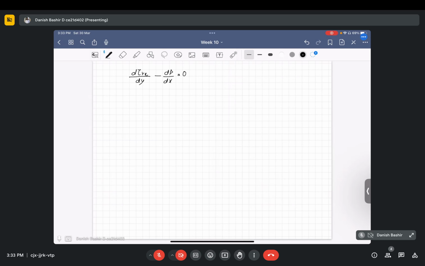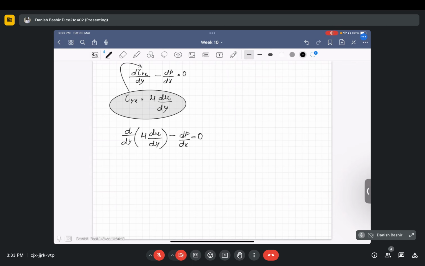But this tau yx is already given as mu times du by dy, so we substitute it here. We get d by dy of mu times du by dy, minus dp by dx, is equal to 0.